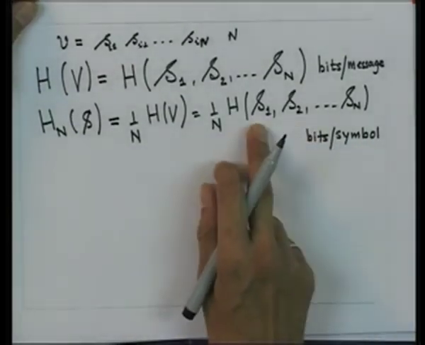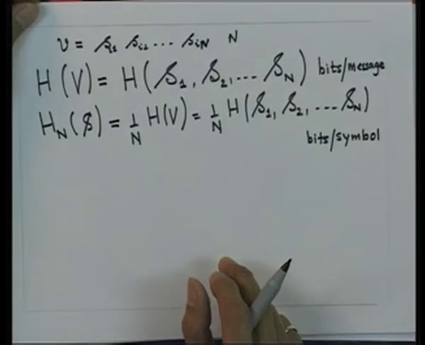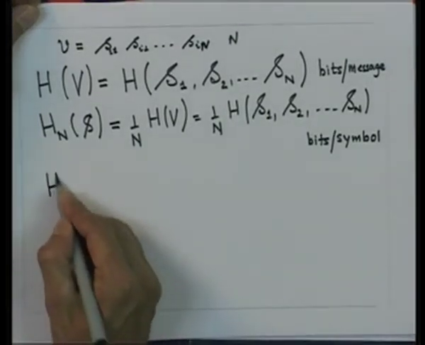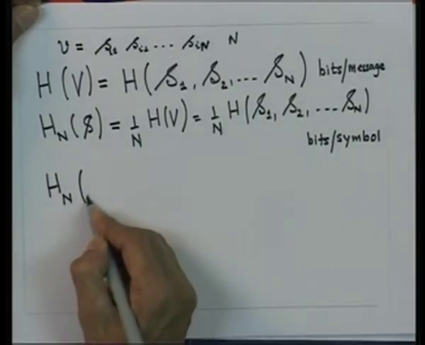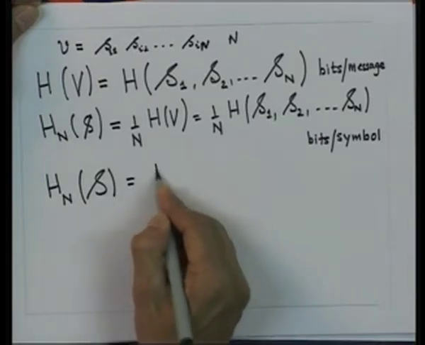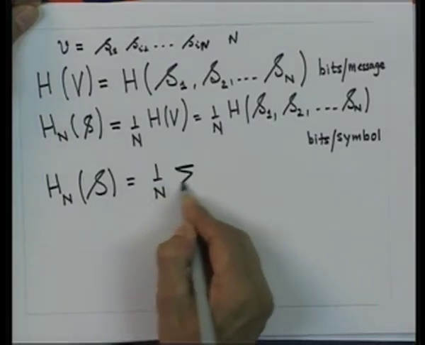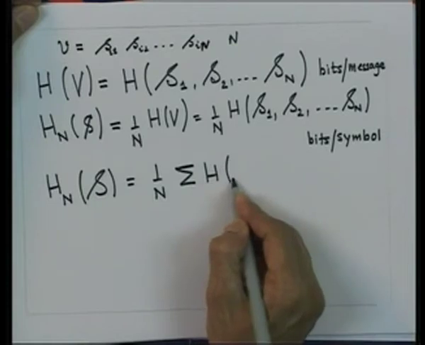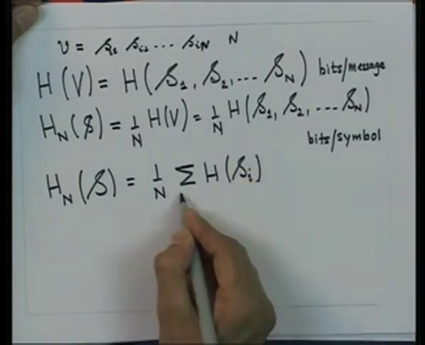Now obviously, if the symbols are statistically independent, then H(V) would be nothing but the summation of H of Si.